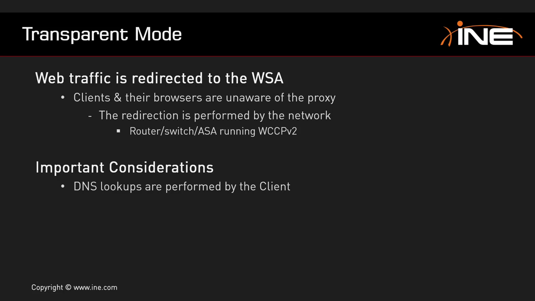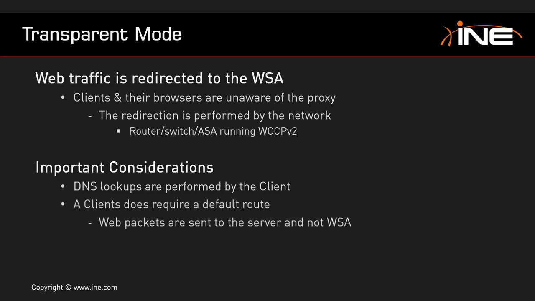In order to build a web packet, they have to know the layer 3 destination of the server. So this also means that our clients will now have to be configured with a default route. If there is more than one potential destination, it is not possible to add a static route for every single potential web server that the clients might want to reach. So web communication in general is going to fall back to the default route.